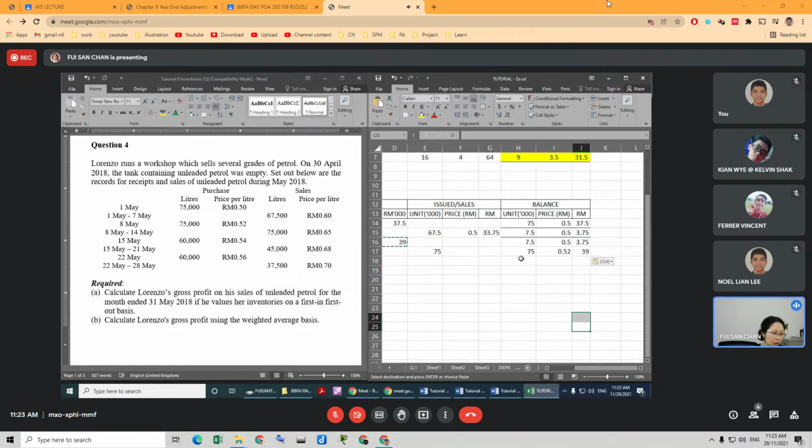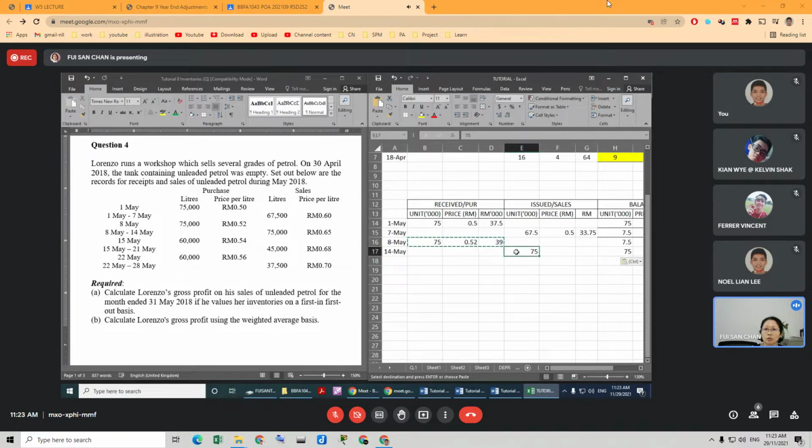Then I total up. You can total or you don't want to total also can. Now, actually, this one I got to move one row down.